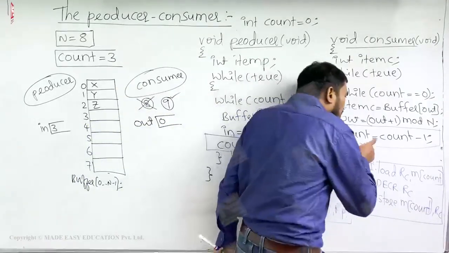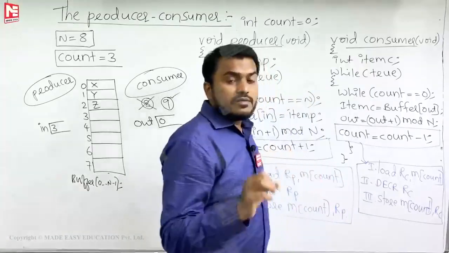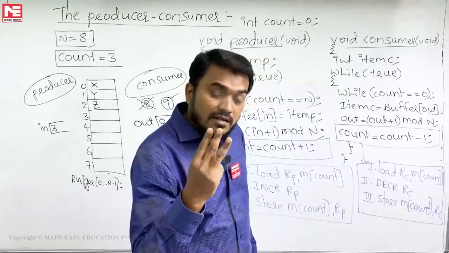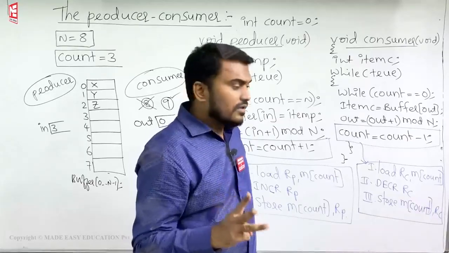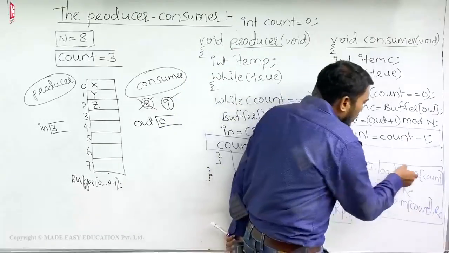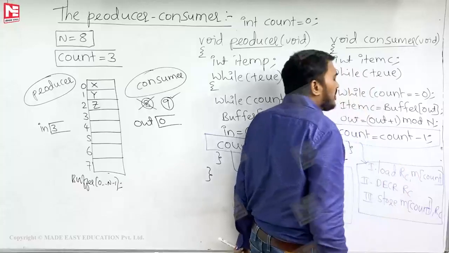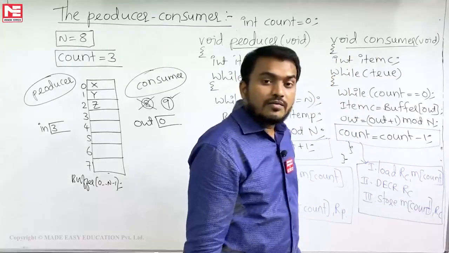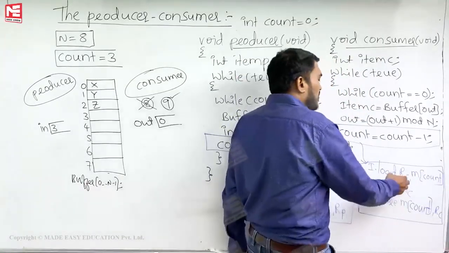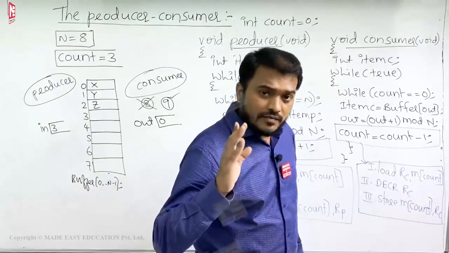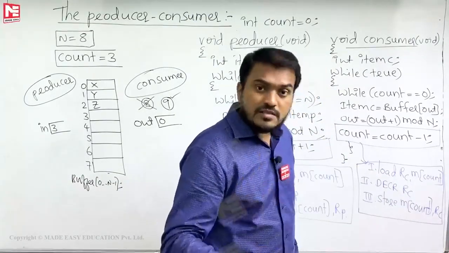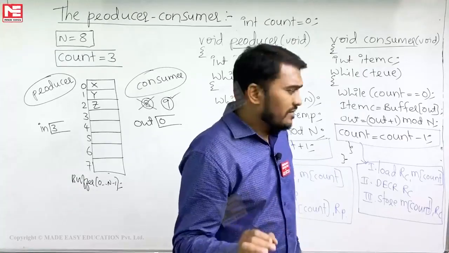So count equal to count minus 1 will also execute in 3 instructions. Loading the count value into register RC. RC means register for the consumer. Remember, every process will have its own register.